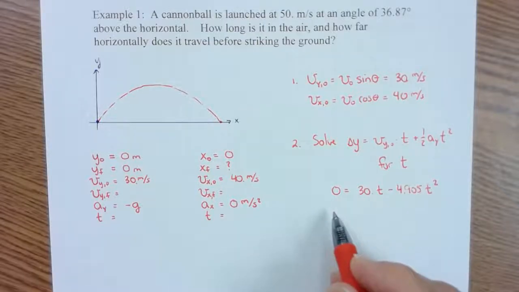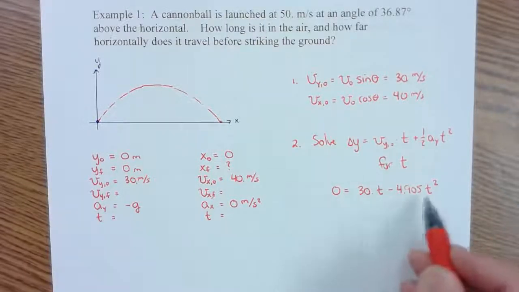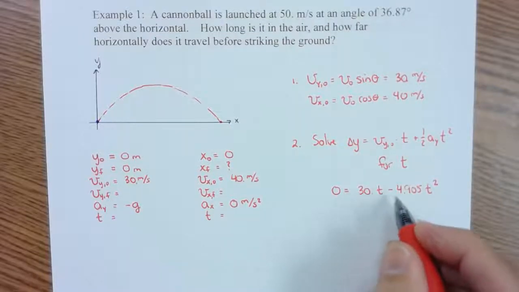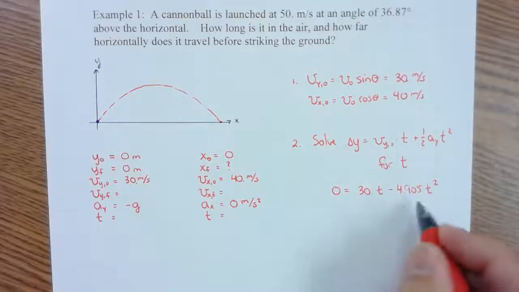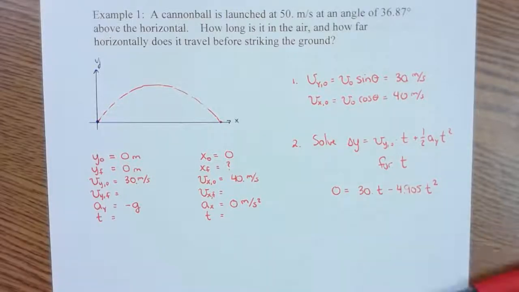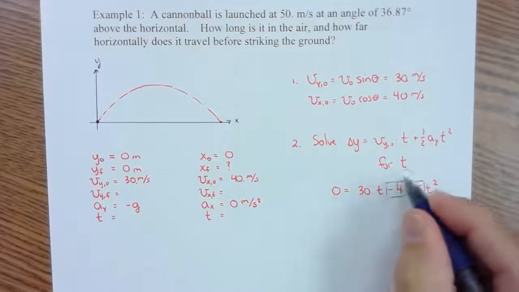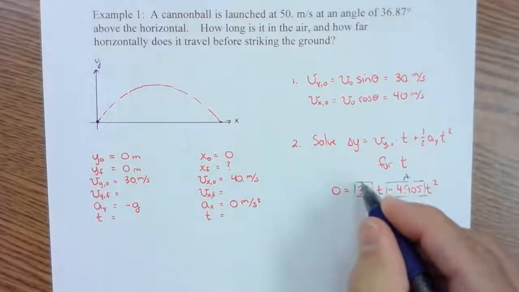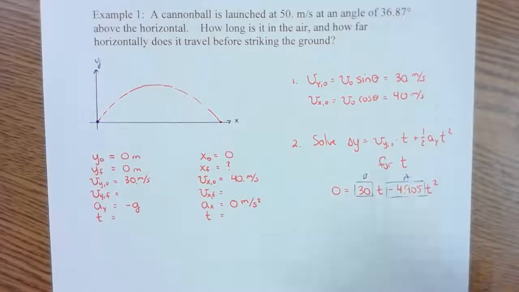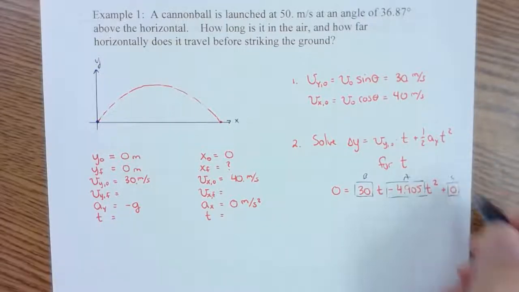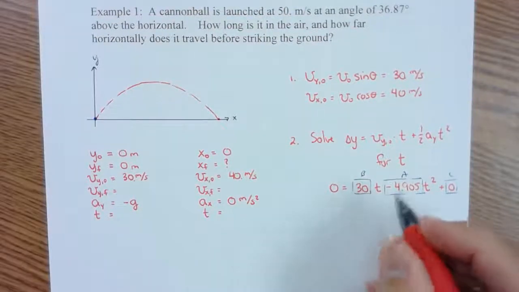In order to solve this, if you want to factor out the t's and solve for t, that's good, or you can just use the quadratic equation. I'm going to factor just because that's easier. If you solved it with the quadratic equation, this, of course, is a, this, of course, is b, and it's not on here, but c would be the constant term. It's plus 0. But in this case you can actually avoid the quadratic equation.